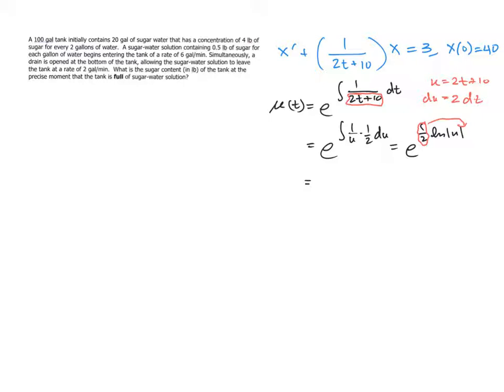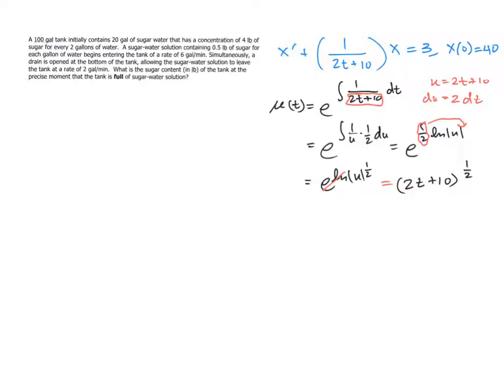So in doing so, we're going to have e to the natural log of u to the 1/2. And then simplifying down, we're going to get u to the 1/2, which is going to be equal to 2t plus 10 raised to the 1/2 power. And there's no need for absolute values here because the t is positive, and therefore 2t plus 10 is positive.